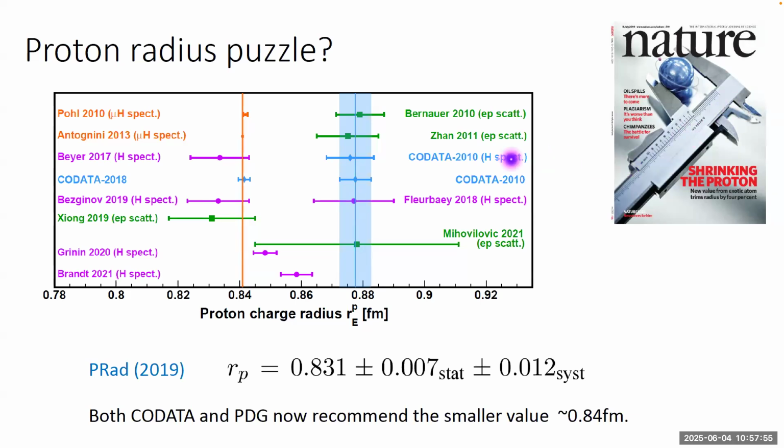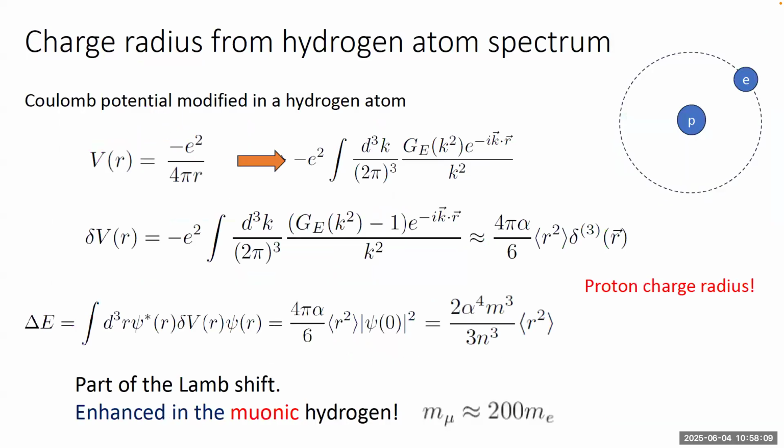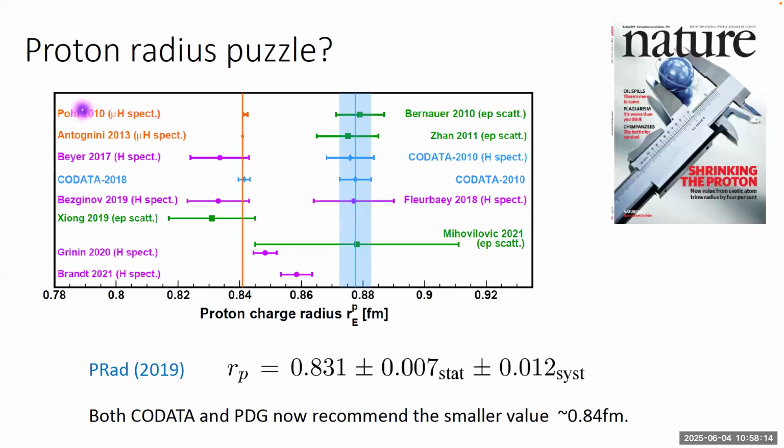So before 2010, the community had a consensus that the radius is something around 0.88 Fermi. And then there came experiments from muonic hydrogen, where you can do a very precise measurement of the radius, and this was the result.